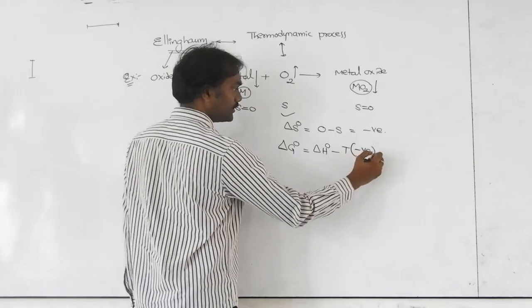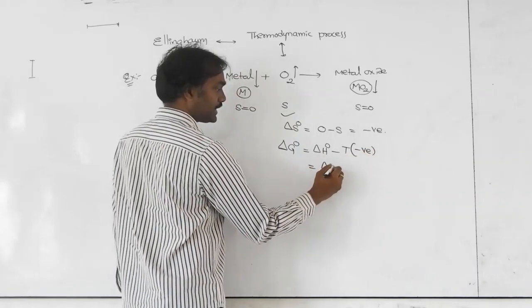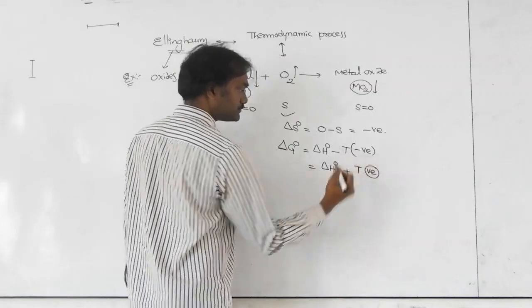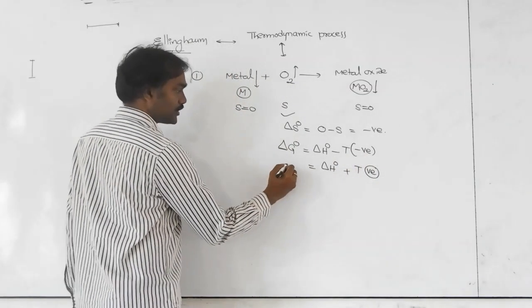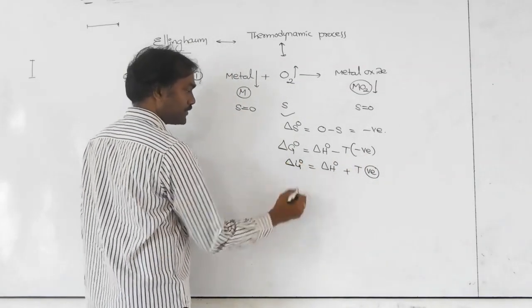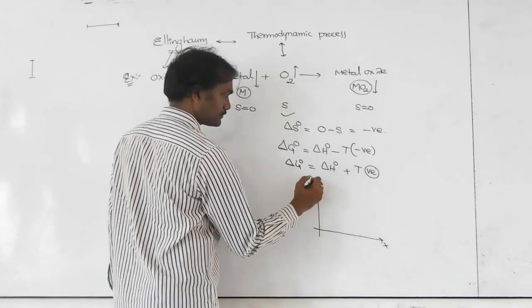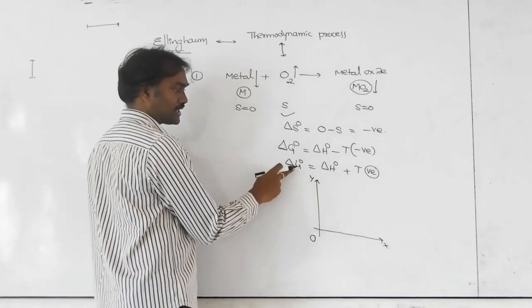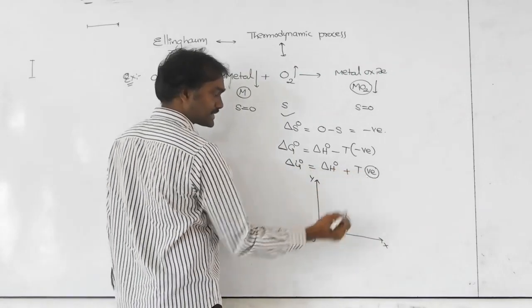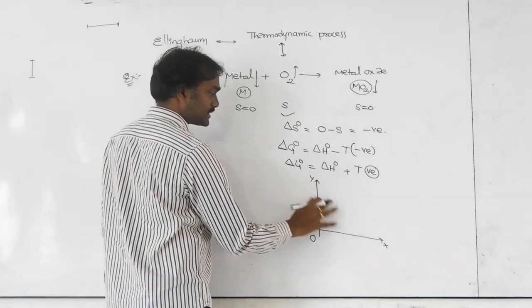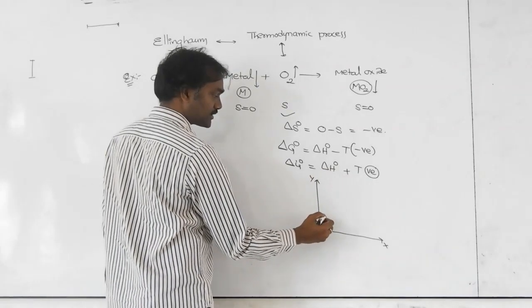Since delta S naught is negative, it becomes delta H naught plus T times a positive quantity. If you take the graph, it looks like y equals mx plus c, so it comes as a positive slope.